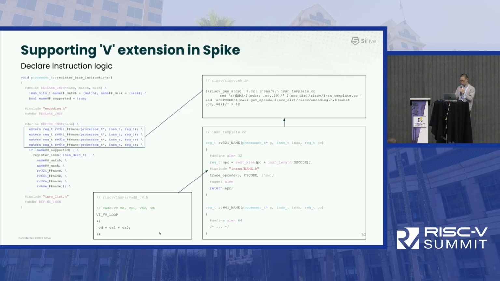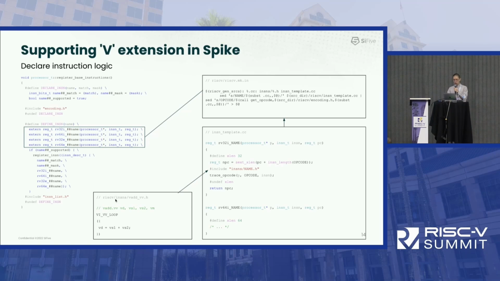This would let Spike recognize the computation logics of the actual instruction. Well, you can see there are much more complex instructions, maybe like segment load store or multiply-adds. Those would come into the same logic under the computation logic header.